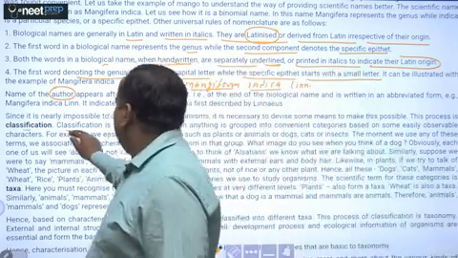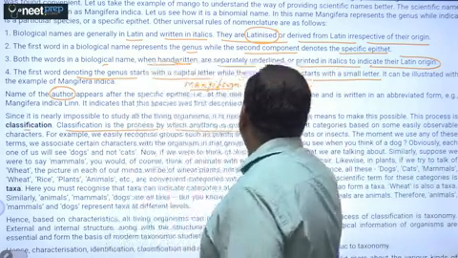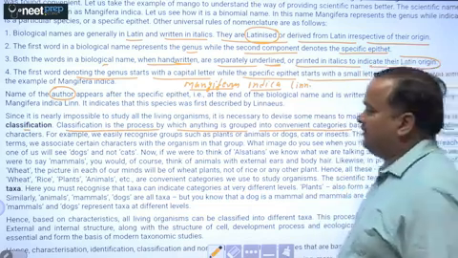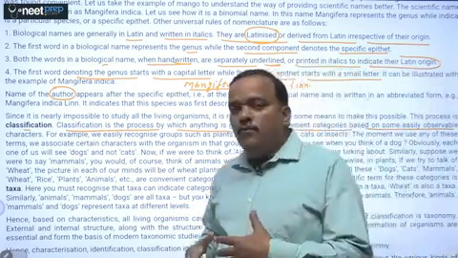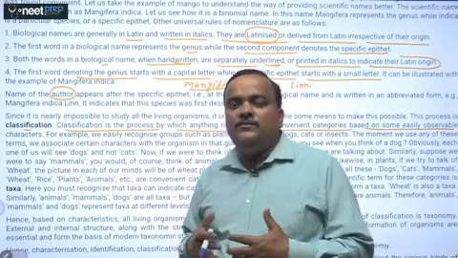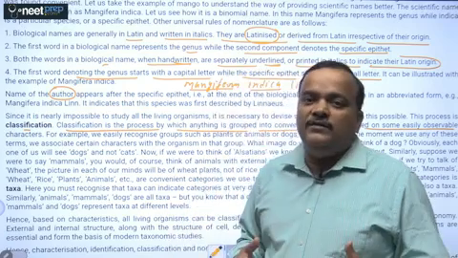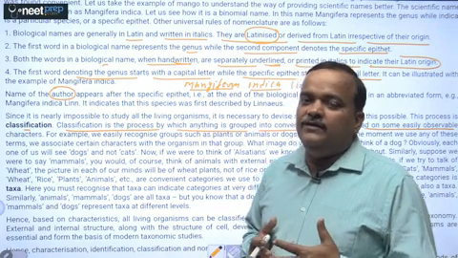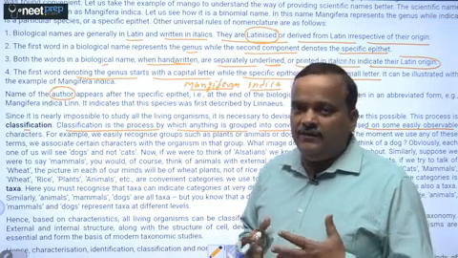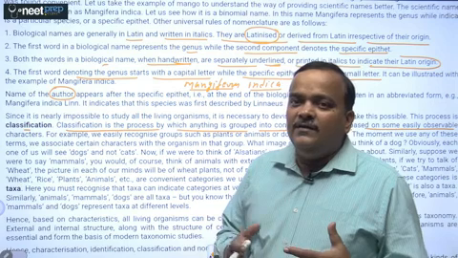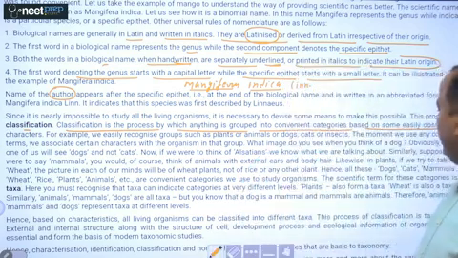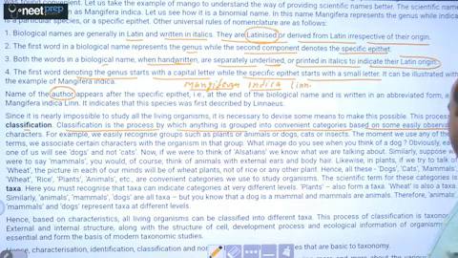Then the next step of taxonomy is classification. Classification is the process by which anything is grouped into convenient categories based on some easily observable characters. So we group these organisms into different categories for convenience of our study, to make a study much simpler. Now, then there is a concept of taxa or taxon.